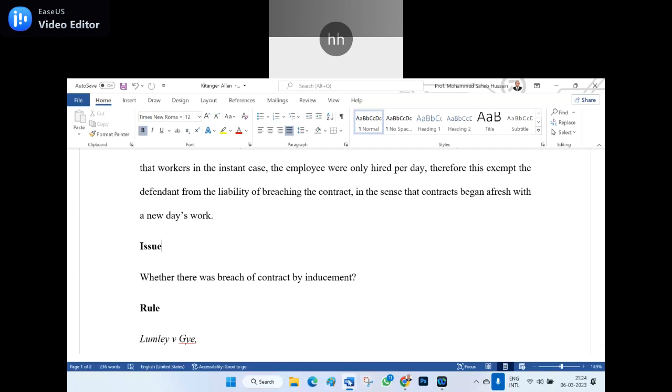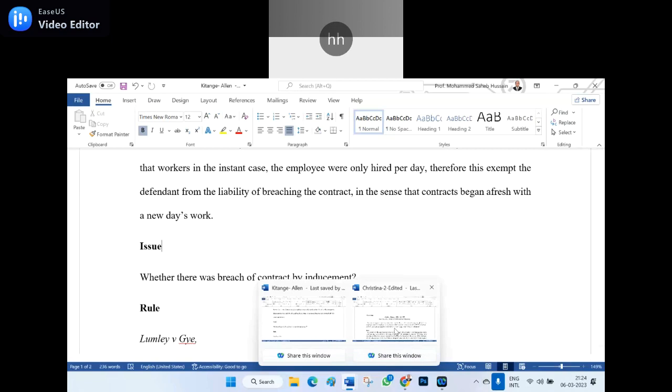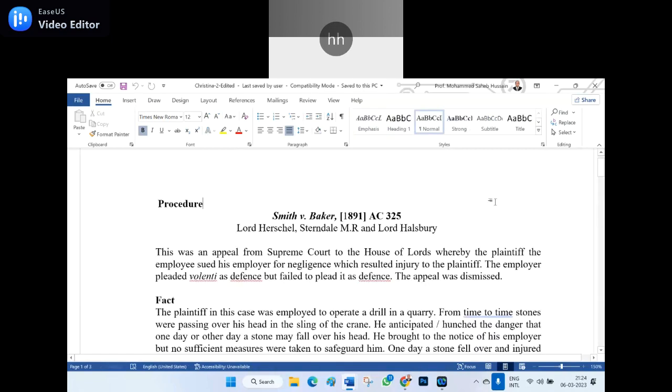See, I give the model here, and this is briefing a case. In briefing a case, the procedure will come first. Next, the title of the case law comes with the citation, and who are the people who decided the case in that court. Their names are there.